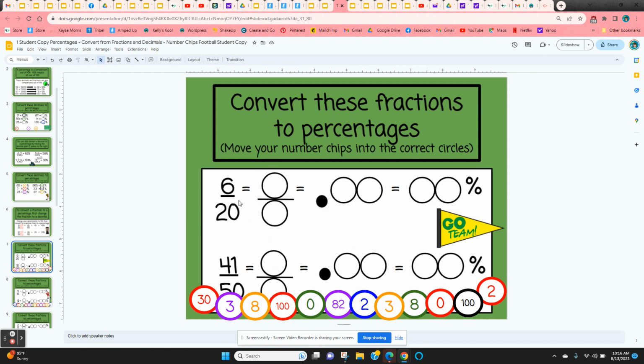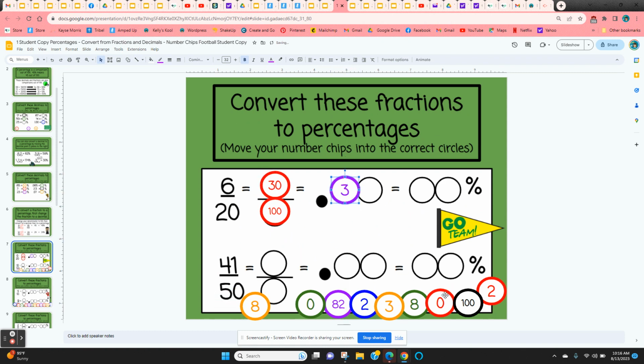They're going to be first converting their fraction to an equivalent fraction with 100 in the denominator. So we want our denominator to be 100. I can see that I have to multiply by 5 in the denominator. That means I have to multiply by 5 in the numerator. And I get 30 hundredths, which as a decimal would look like this.